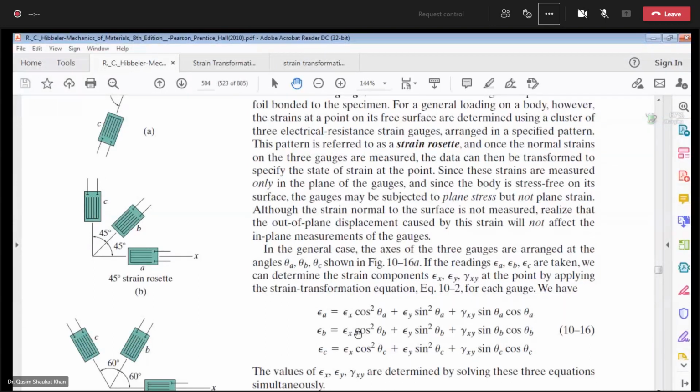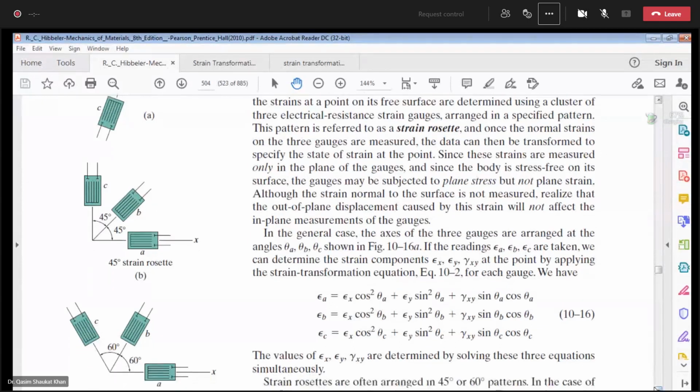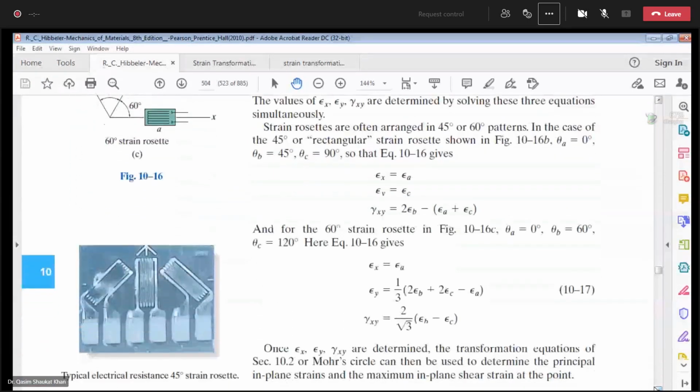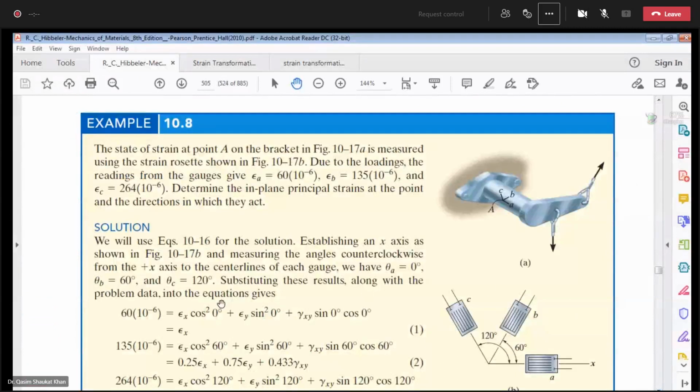Epsilon A is 60, epsilon B is 135, epsilon C is 264, theta A is 0, theta B is 60, theta C is 120 degrees. Please write the equation. You can see I have written it. So for epsilon A, 60 microstrains, epsilon x cos square theta A, plus epsilon y sine square theta A, with theta A 0, plus gamma xy sine theta A cos theta A.